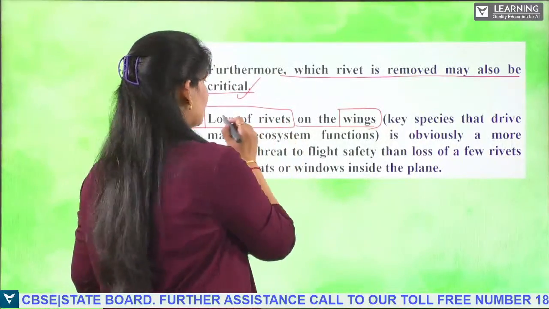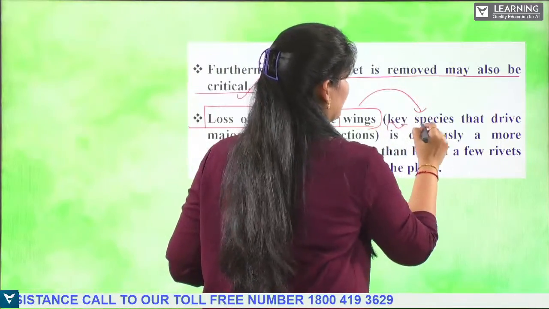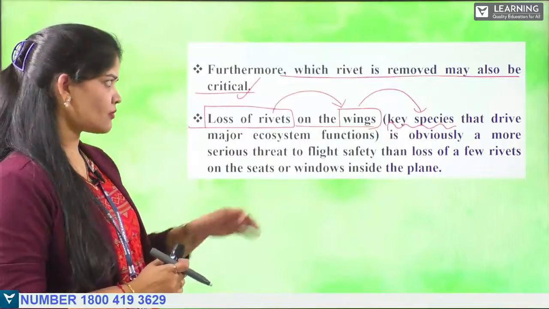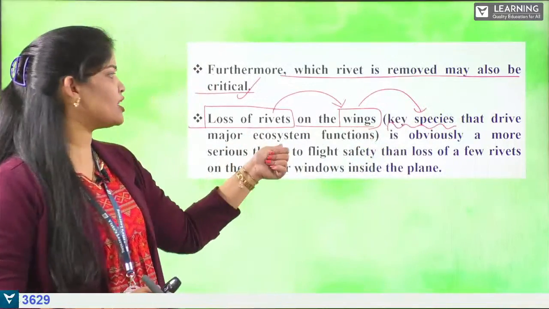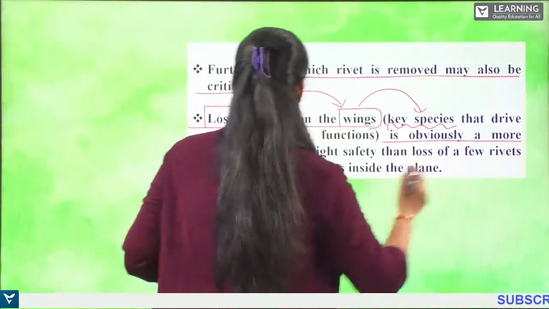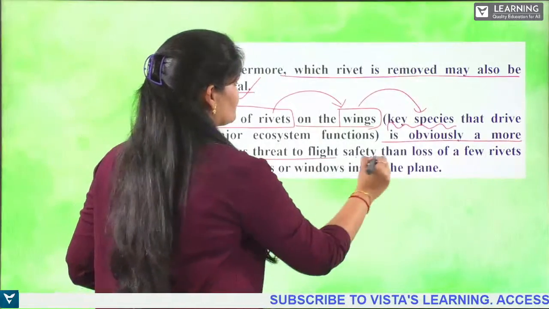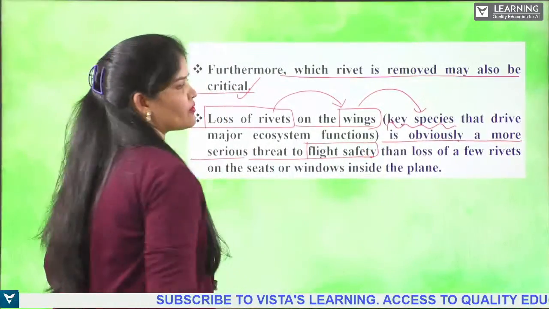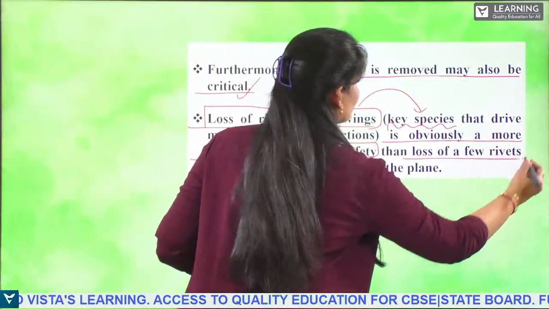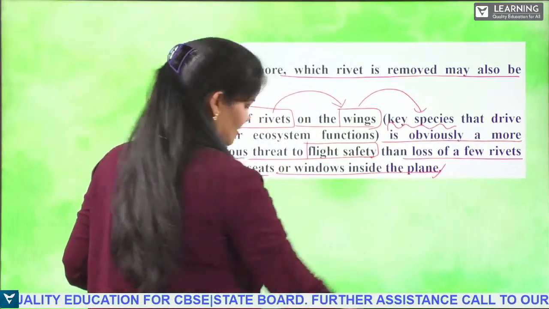The rivets on the wings are compared to key species, that means very important species, like producers. Loss of key species that drive major ecosystem functions is obviously a more serious threat to flight safety, which is the functionality of the ecosystem. Then there is the loss of a few rivets on the seats or windows inside the plane.